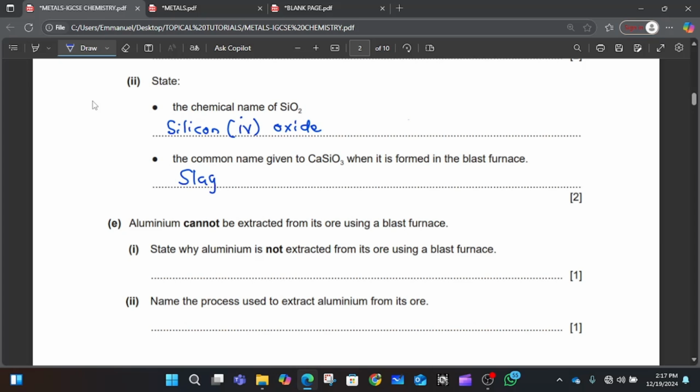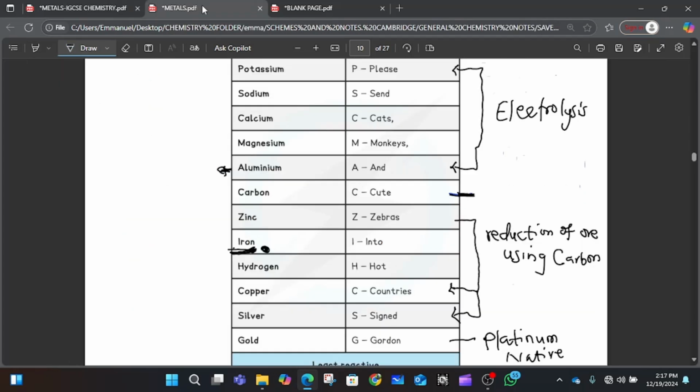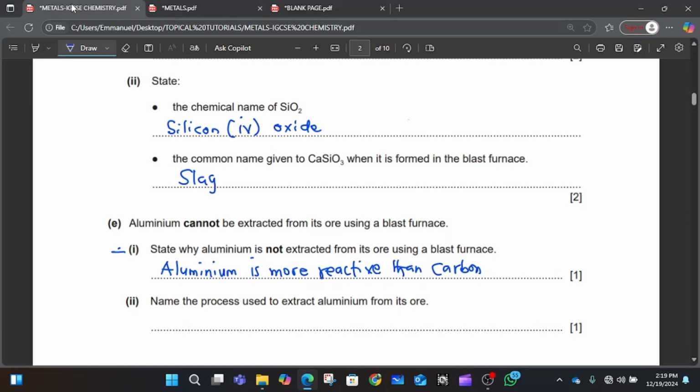But when you check the reactivity series, we saw that aluminium is above carbon in the reactivity series, and so we need to use electrolysis. So for this question, we need to say that aluminium is more reactive than carbon.